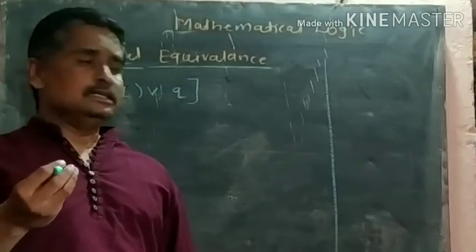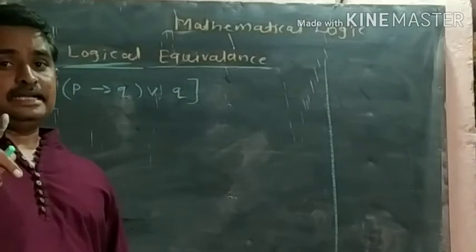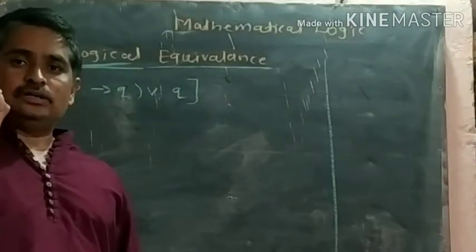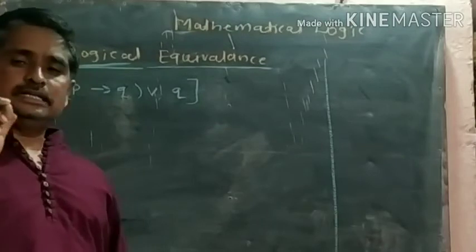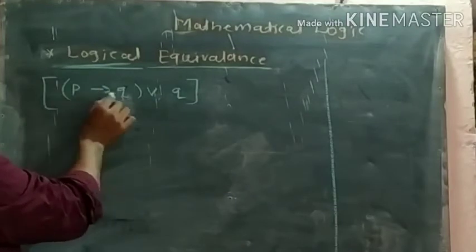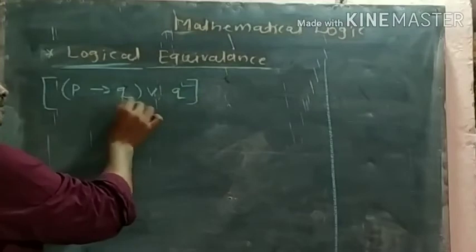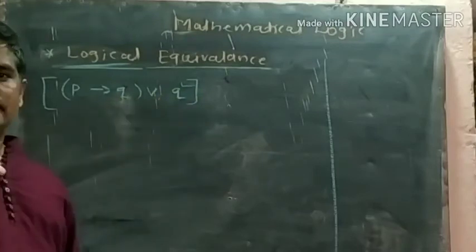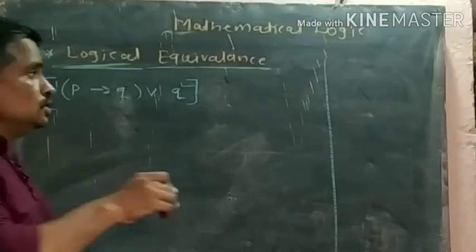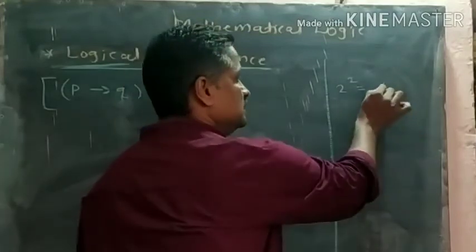The number of rows depends on the number of statements in that logical statement. Observe that there are only two statements present, p and q. Q appears twice, but we count it one time. So p and q are two statements, so 2 raised to 2, that is equal to 4.